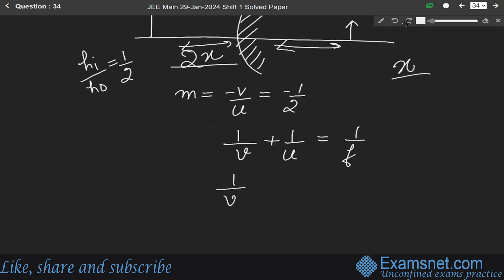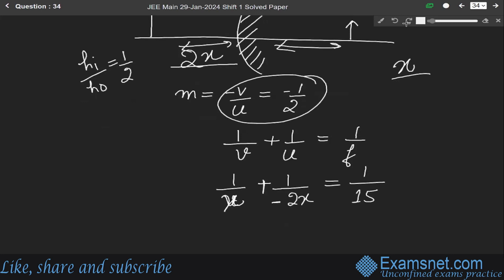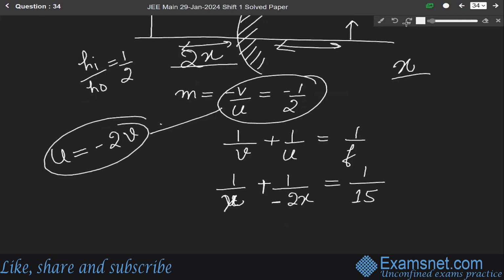So 1 over v, and object is minus 2x, so 1 over x plus 1 over minus 2x equals 1 over 15, the focal length. From the magnification, u is equal to minus 2v.